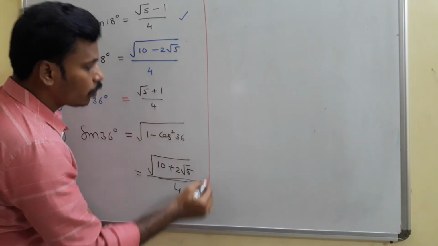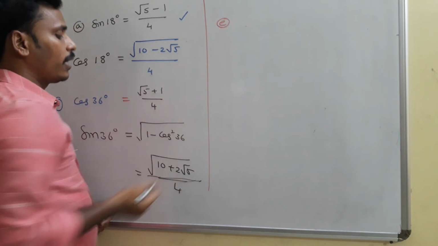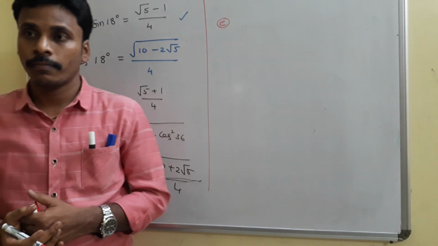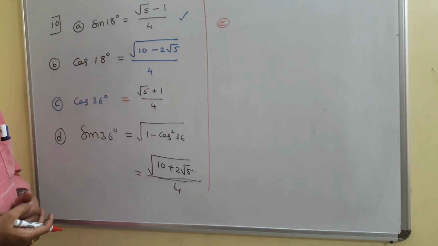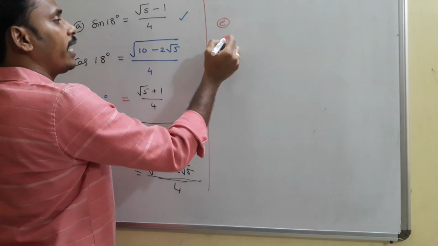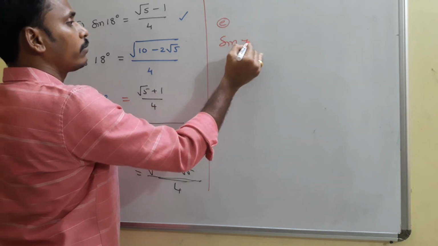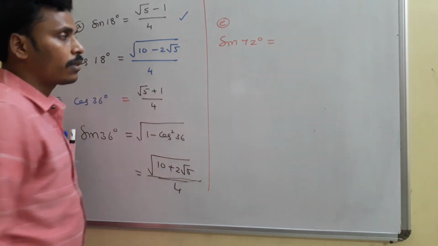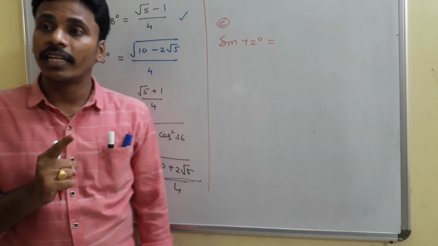Then after that, you need to identify 72 degrees or otherwise 18, okay? 18, 72. There are many other values you need to find. Suppose sin 72 degrees you need to find. See, 72 plus 18 degrees is 90.